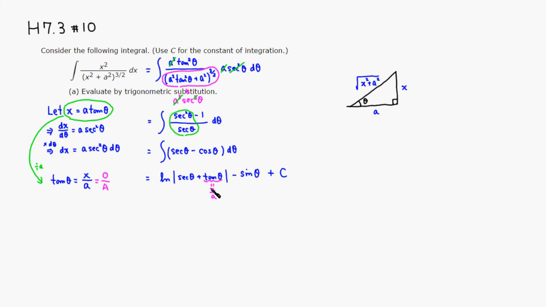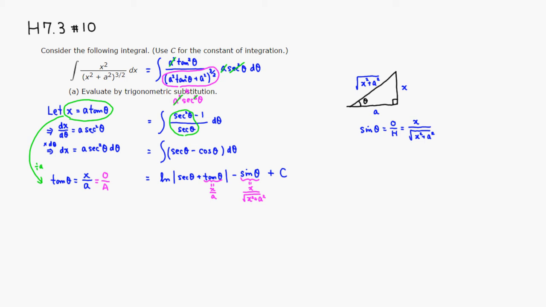We also need sine of theta. Sine of theta is opposite over hypotenuse. The opposite is x, and the hypotenuse is the square root of x squared plus a squared, so sine of theta is x over the square root of x squared plus a squared.